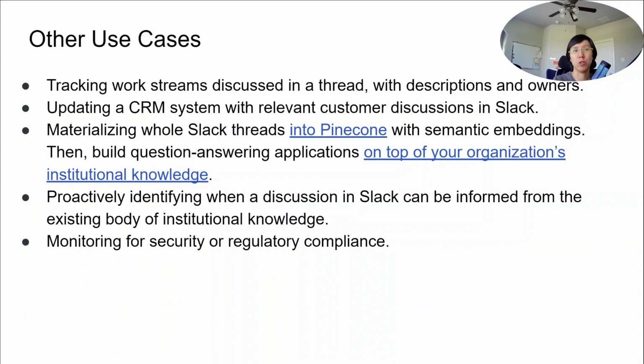Other use cases include tracking work streams discussed in a thread with descriptions and owners, updating a CRM system with relevant customer discussions in Slack, materializing whole Slack threads into Pinecone with semantic embeddings, then building question answering applications on top of your organization's institutional knowledge. Proactively identifying when a discussion in Slack can be informed from the existing body of institutional knowledge, and monitoring for security and regulatory compliance.